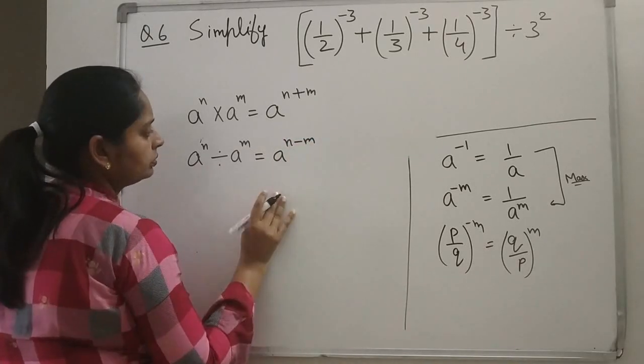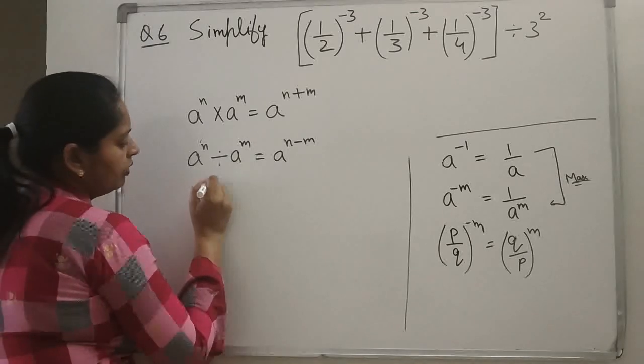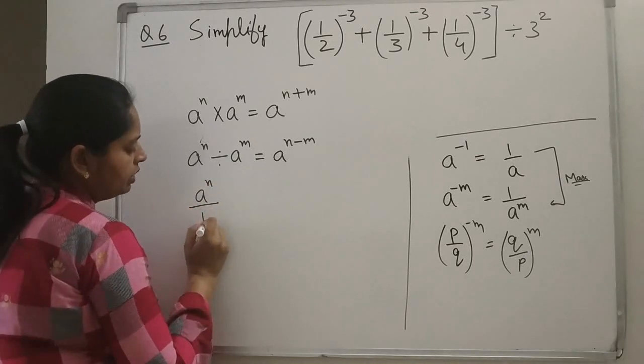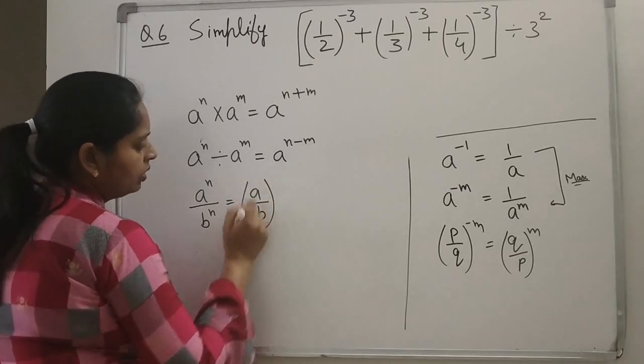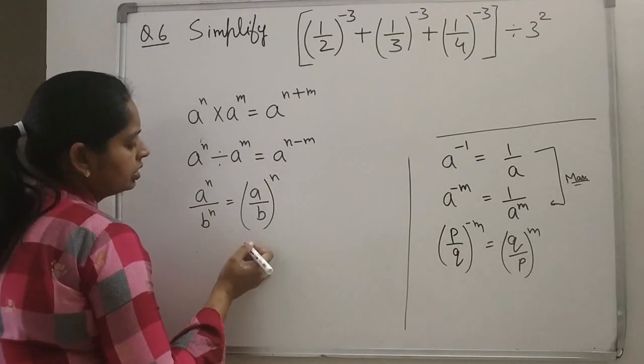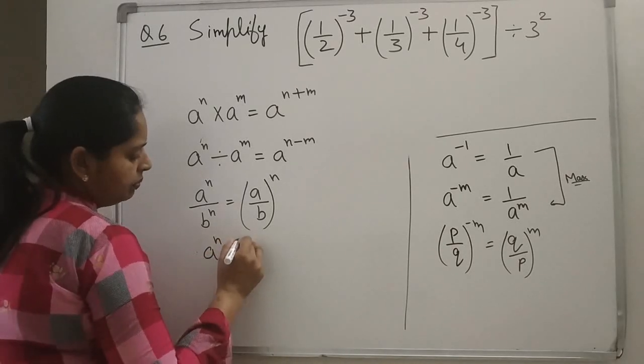Right? And also a to the power n upon b to the power n is equal to (a upon b) whole to the power n, and a to the power n multiplied by b to the power n is (a times b) to the power n.